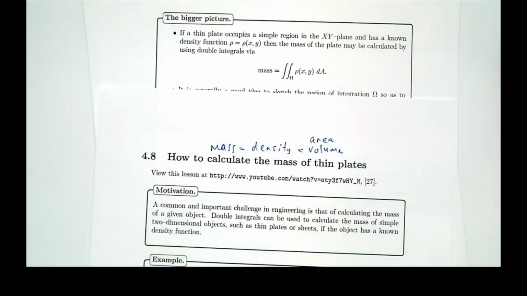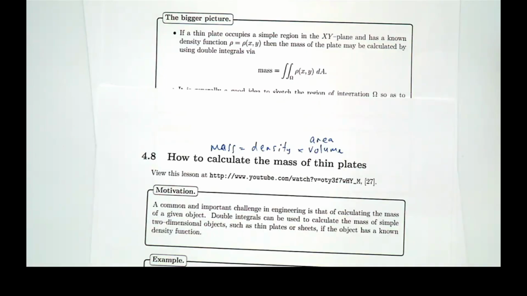If you can't remember it, and sometimes I can't, I go back to the simple formula that maybe you learned in physics: mass equals density times volume. From a slicing point of view, Riemann sums, all that jazz, you slice it up, you calculate the mass of each little rectangle or each little part of the plate, and then you add up all the masses. That's where the double integral comes from.